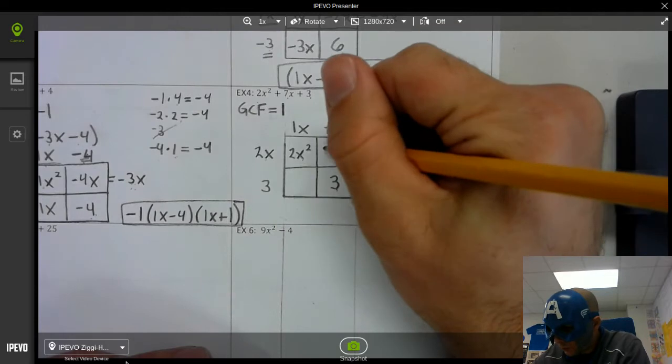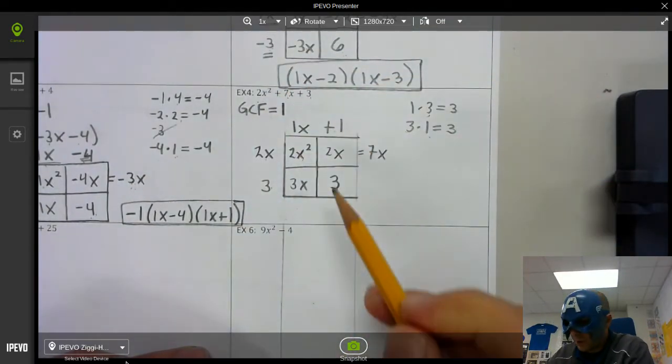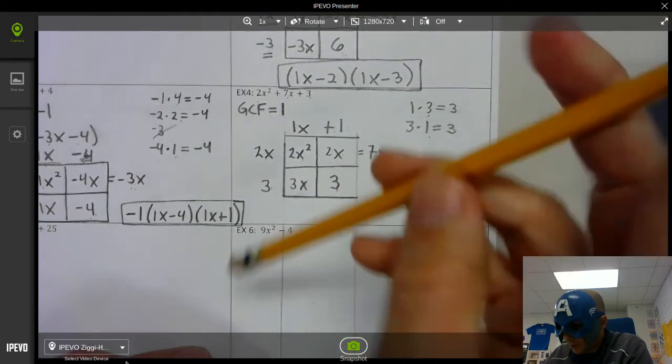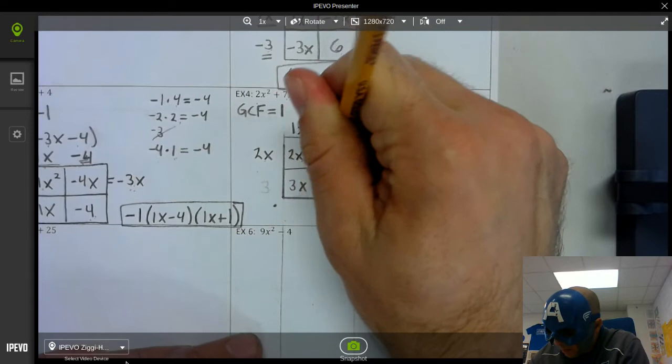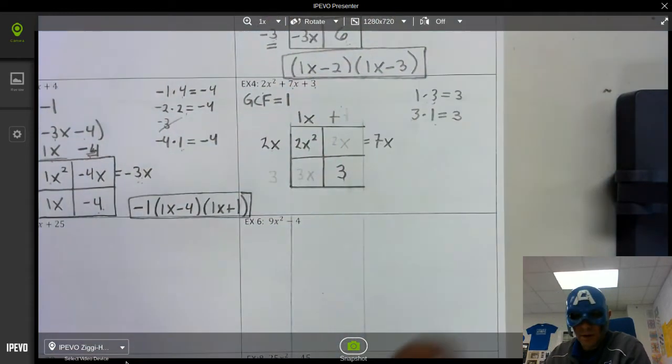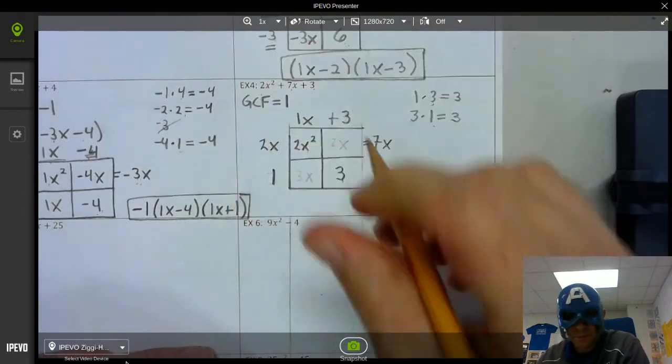So 2x times 1 is 2x. 3 times 1x is 3x. Well, these don't combine to be 7x, so we know that that combination doesn't work. So we'll try plus 3 and plus 1.